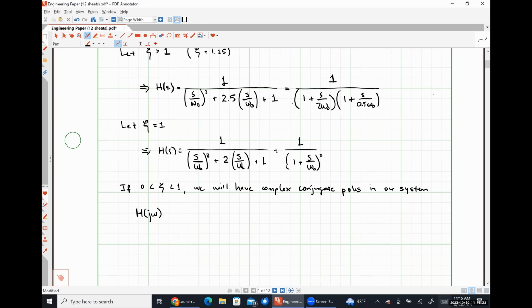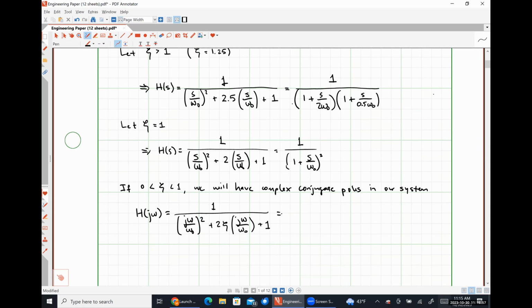All right, so h of j omega. So that's going to look like 1 over j omega divided by omega naught squared plus twice zeta times j omega over omega naught plus 1.